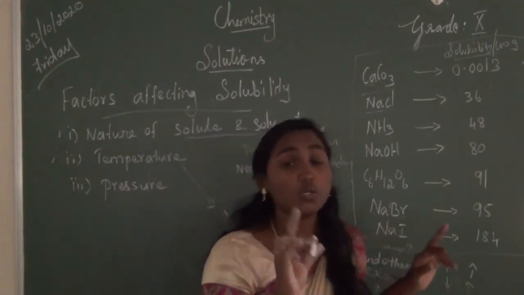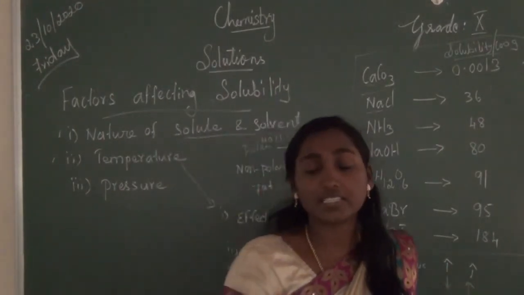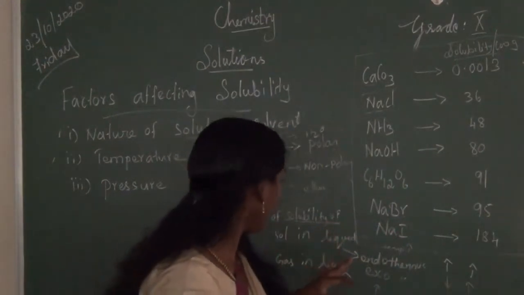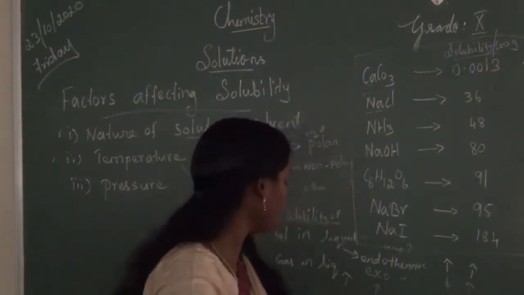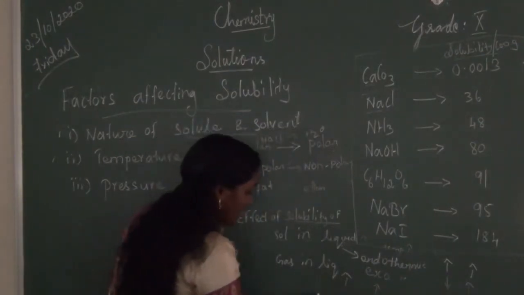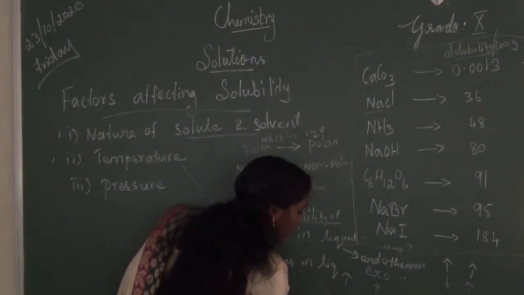One more example, in aquatic regions, animals live in larger numbers there. Why? Because the water in that region contains more dissolved oxygen.